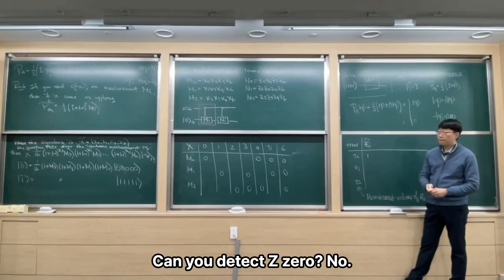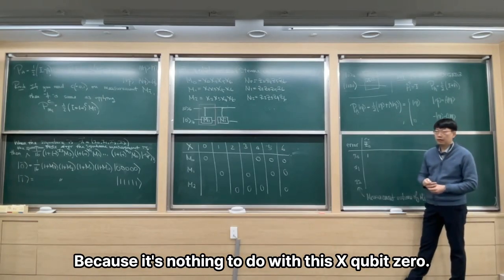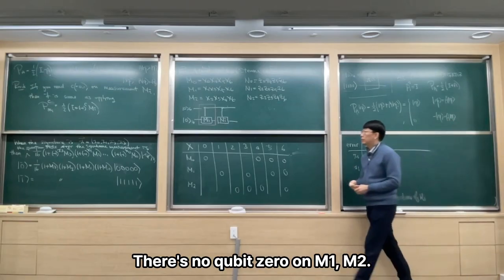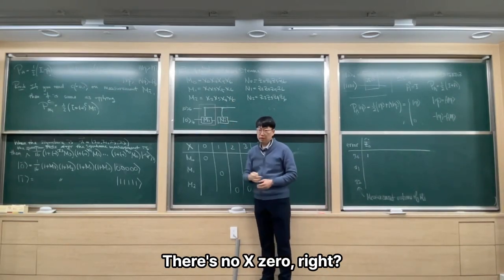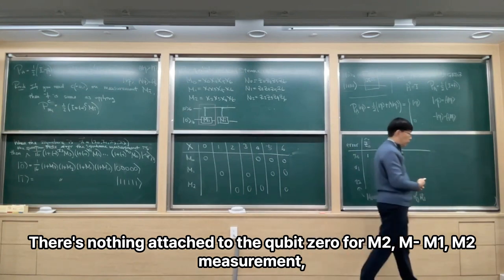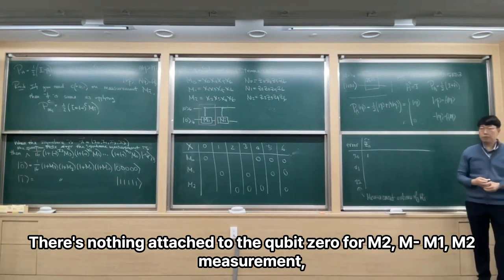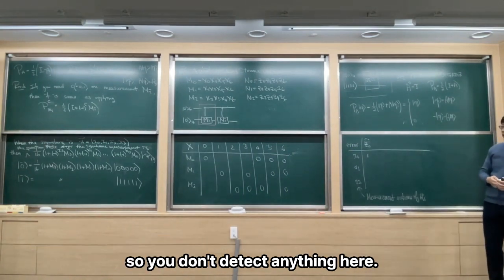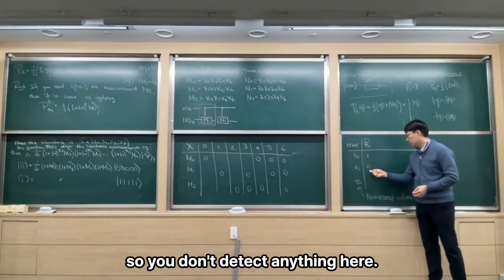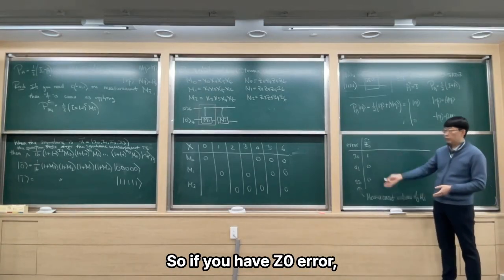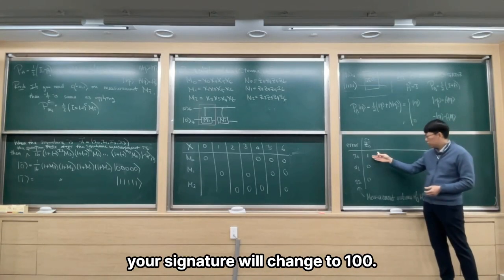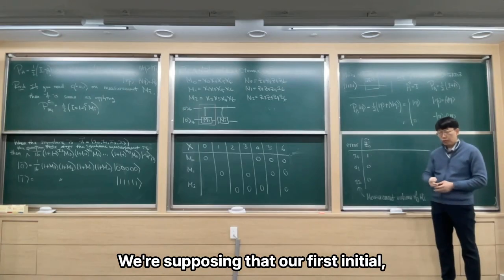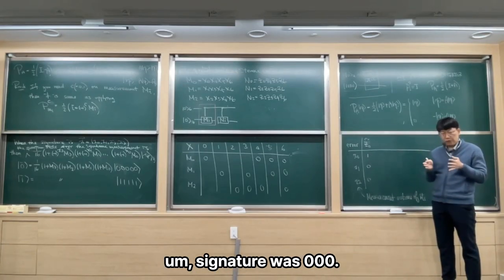No, because it has nothing to do with qubit 0. There's no X0 on M1, M2, nothing attached to qubit 0 for the M1, M2 measurement. So you don't detect anything here. So if you have a Z0 error, a Z error on qubit 0, your signature will change to 100. We're supposing that our first initial signature was 000.